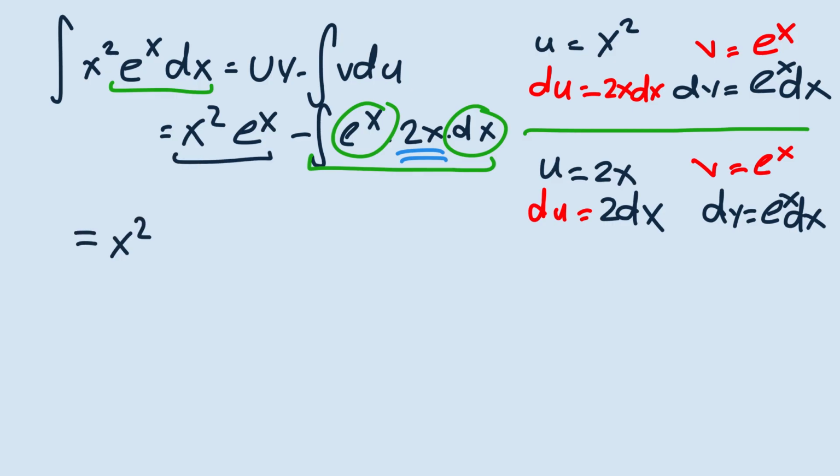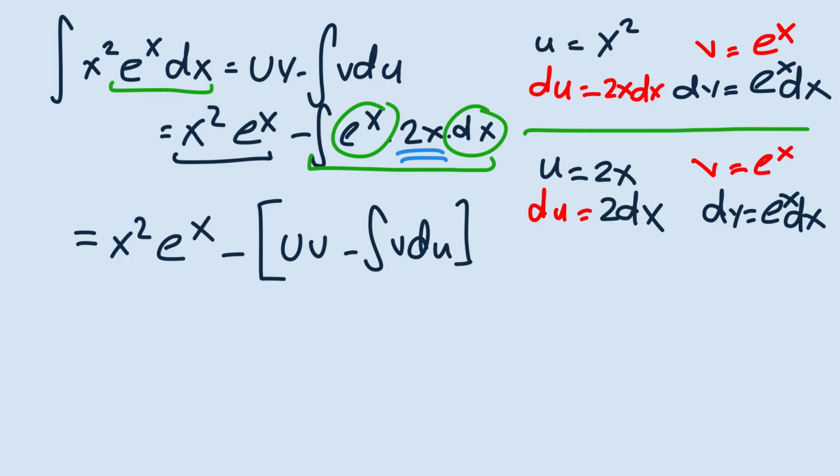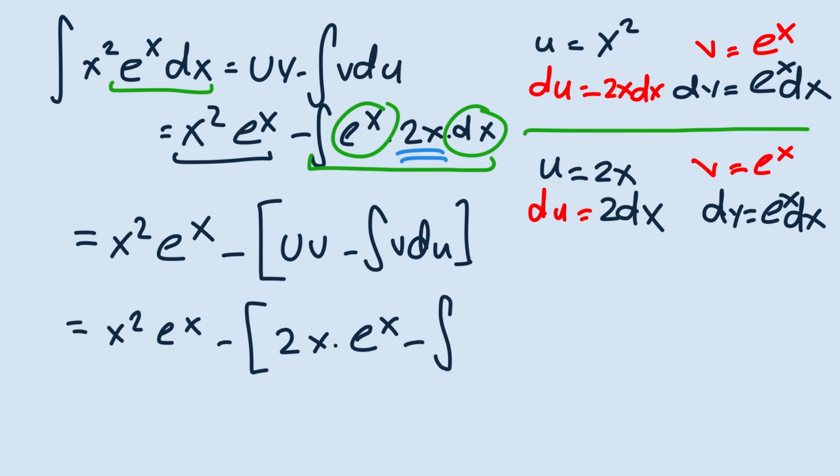So x squared times e to the power of x minus, uv minus the integral of v du, which equals x squared e to the power of x minus, now uv, which is 2x times e^x, minus the integral of v du, which is e^x times du, which is 2 dx.